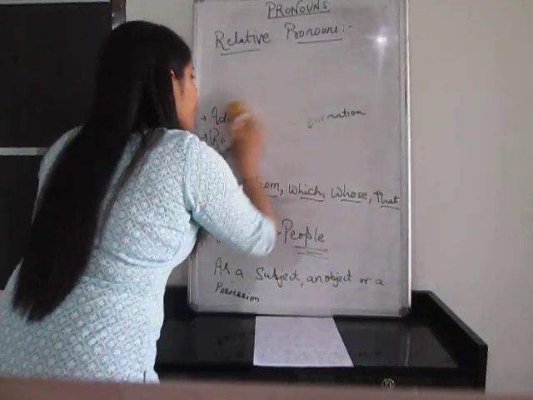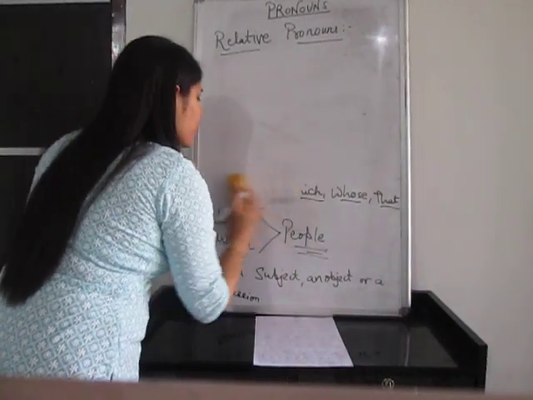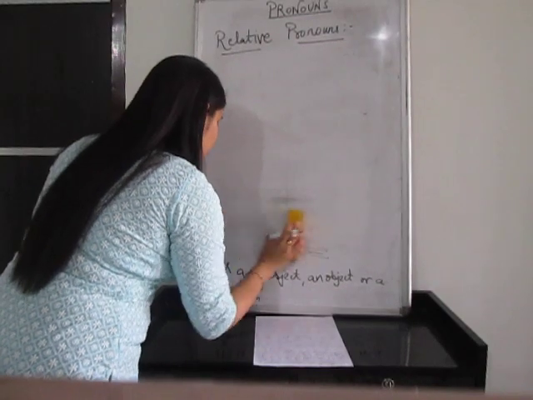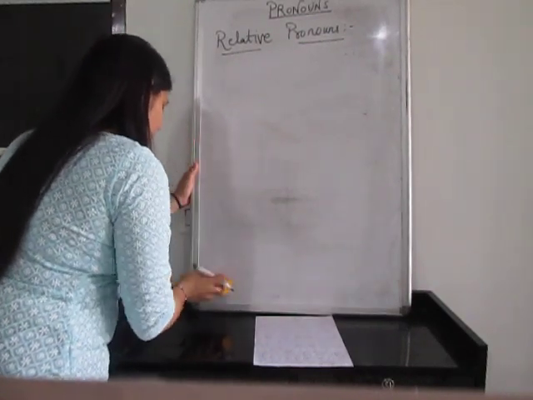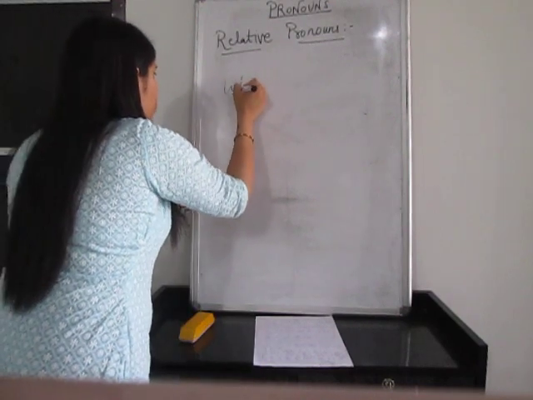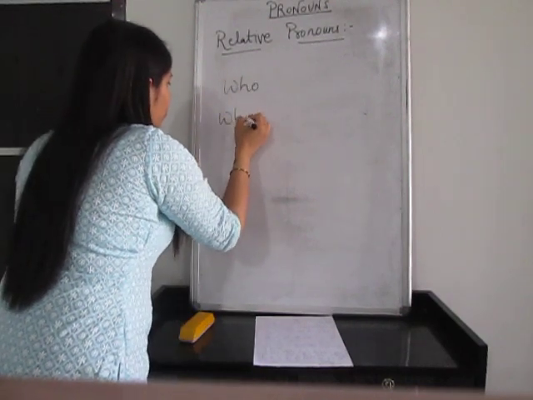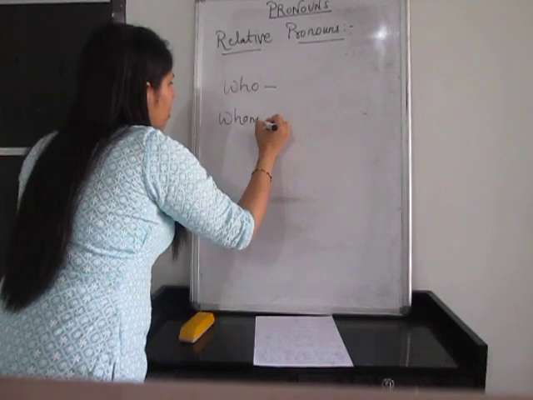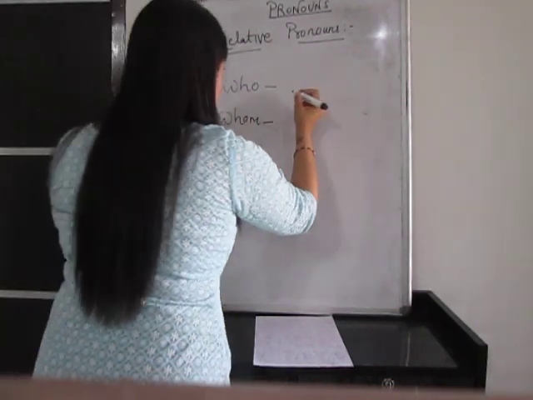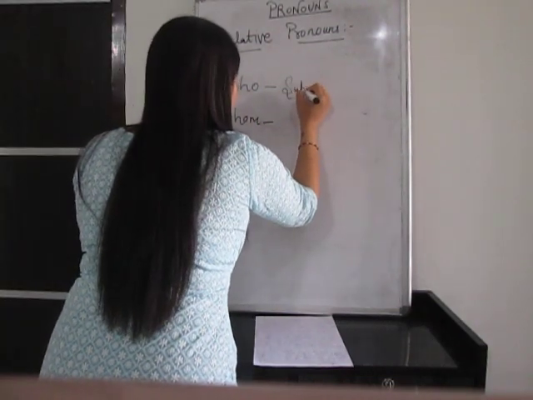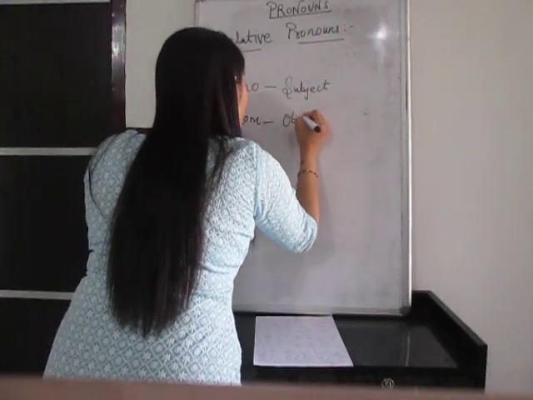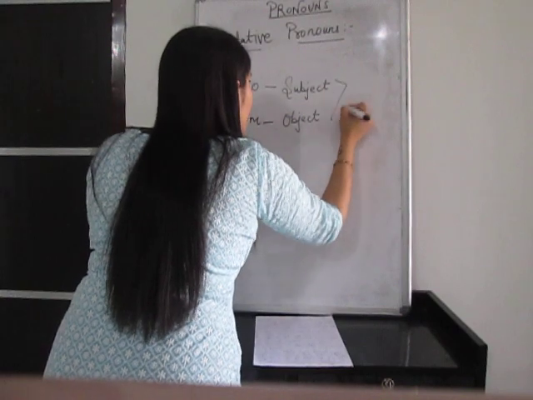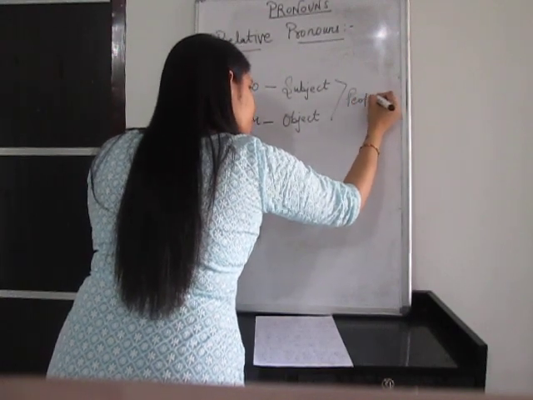Let's talk first about who and whom, how we use them and where. Who is used for the subject and whom is used for the object, and both are used for people.